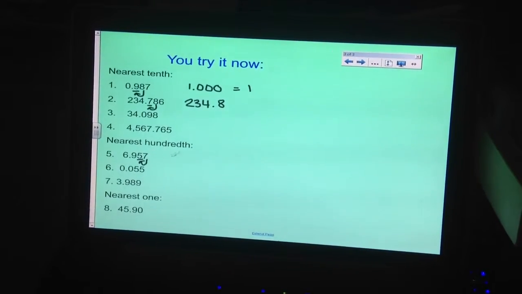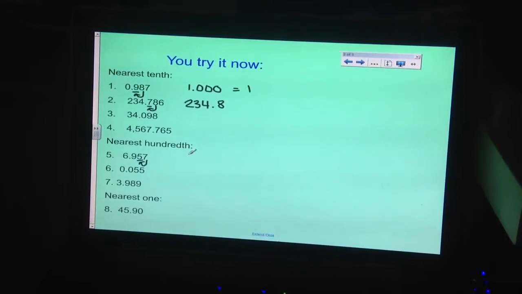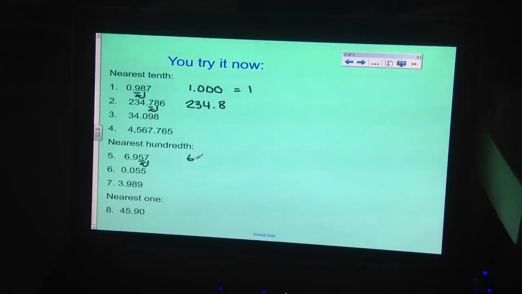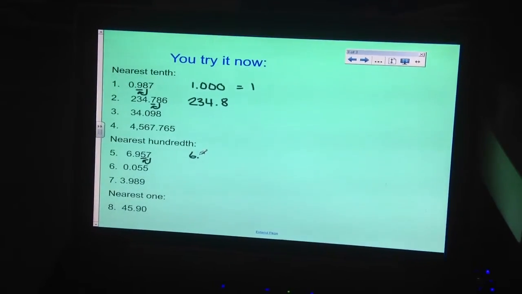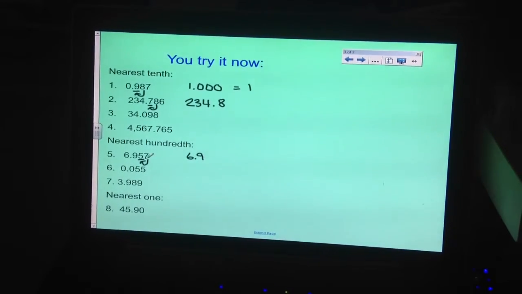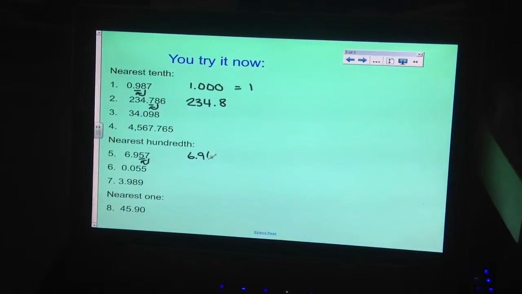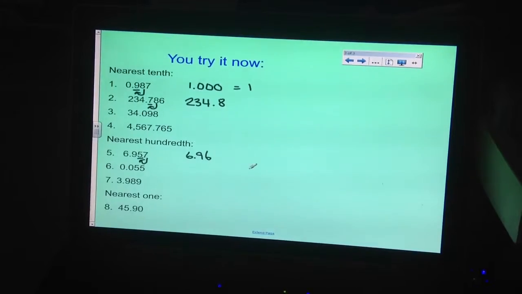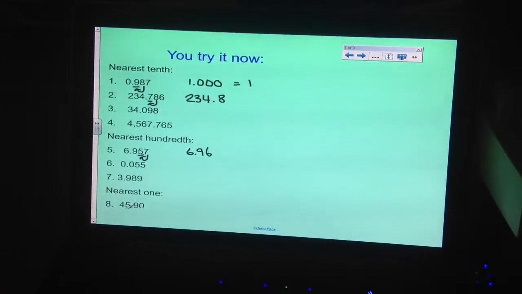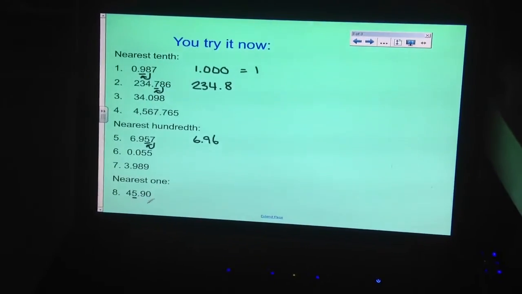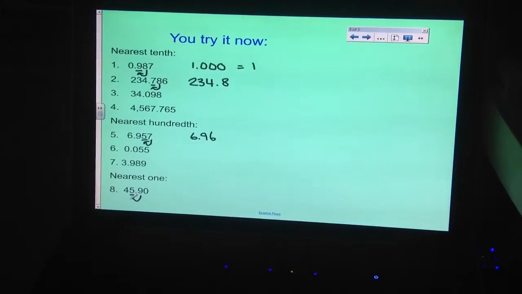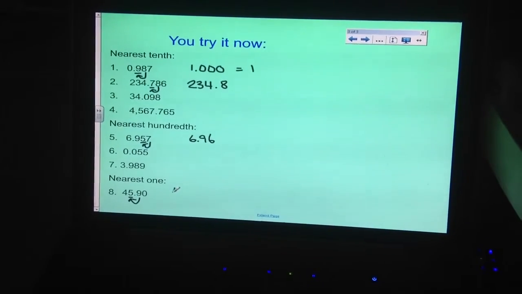Because it's 5 or higher, I'm going to move it up 1. Everything before that digit stays exactly the same, and then this would change to a 6, and everything thereafter is 0. Nearest 1, I would underline the ones place, use the digit behind me to tell me what to do.